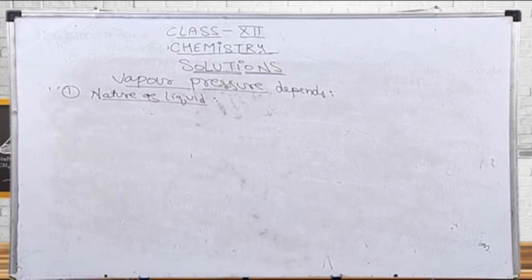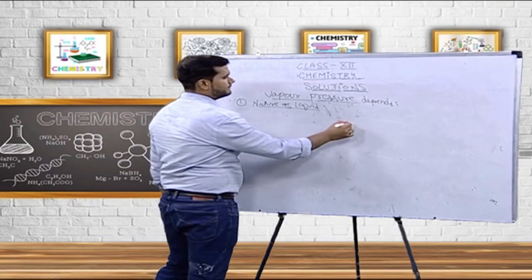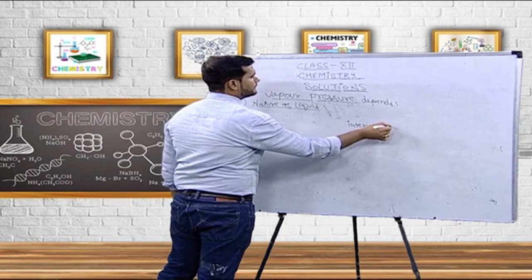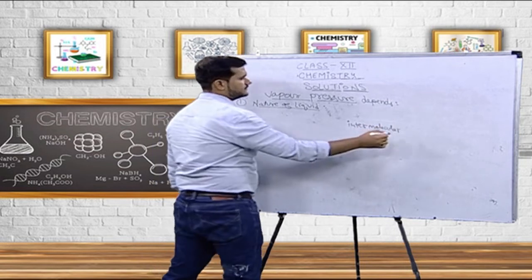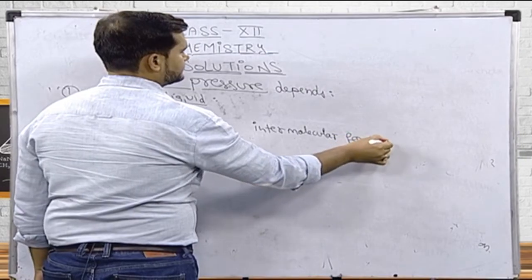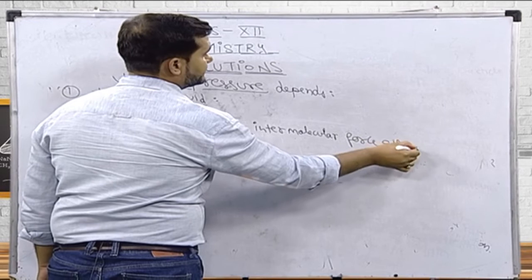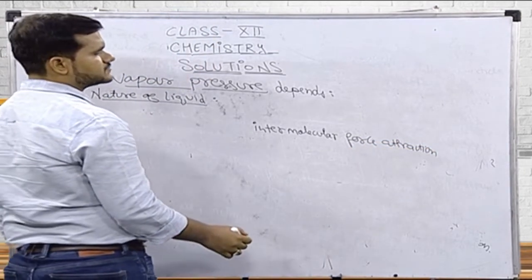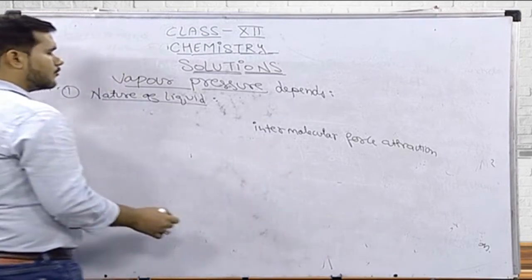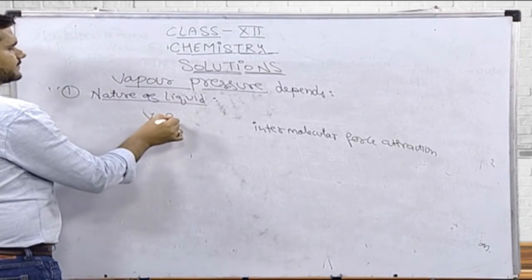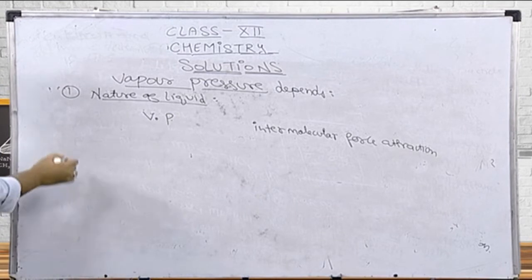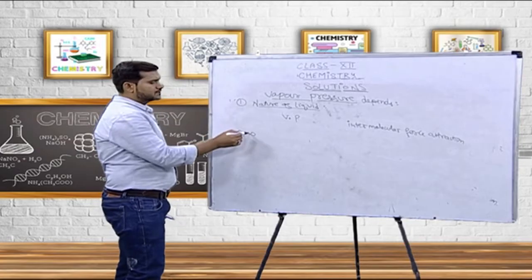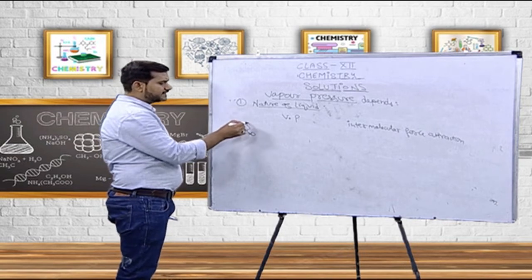If the intermolecular force of attraction between the molecules of the liquid itself is more, vapor pressure will be less, because if liquid particles attract each other with a larger force, they need larger energy to escape.